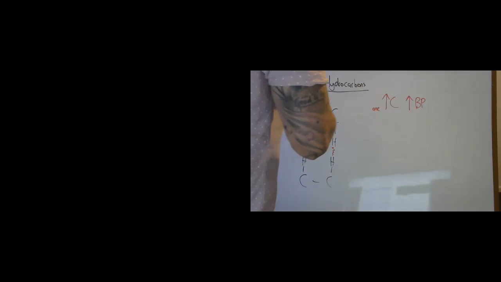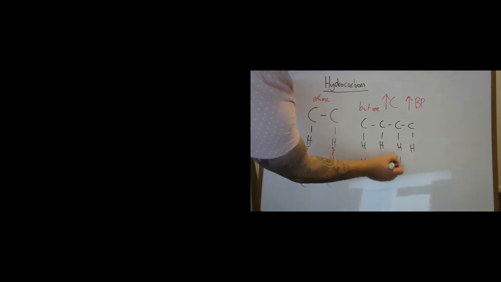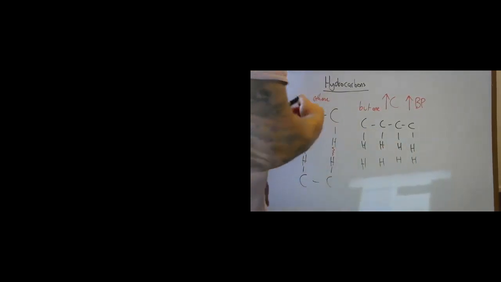Let's go with butane. We have 4 carbons, which means there's twice as many spaces for this bonding to occur. So the longer the chain, the higher the boiling point. The longer that backbone, the higher the boiling point.